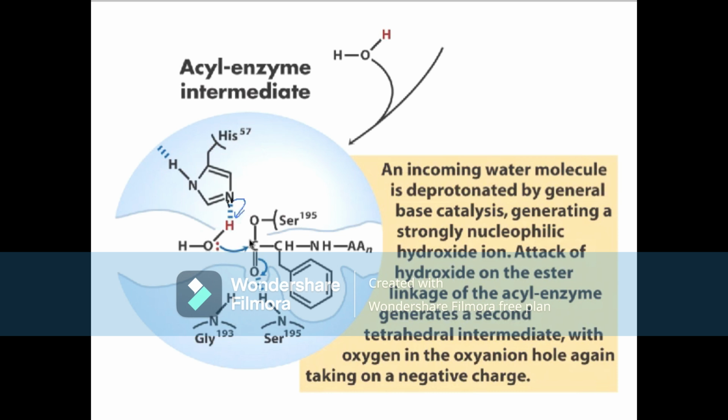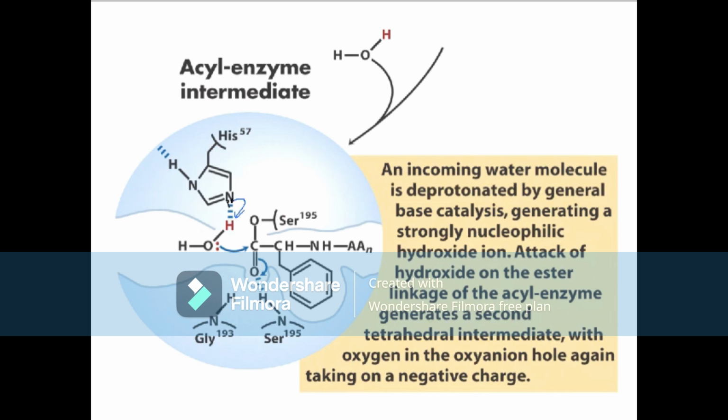Or you could have water attacking first and getting deprotonated, the OH2 plus intermediate getting deprotonated. You could have histidine deprotonating water to generate hydroxide, which attacks, or probably close to the truth, both of these are happening simultaneously. That is, as water is attacking, it's getting deprotonated. And then these electrons go back to the oxygen. So the oxygen is acting as an electron sink.